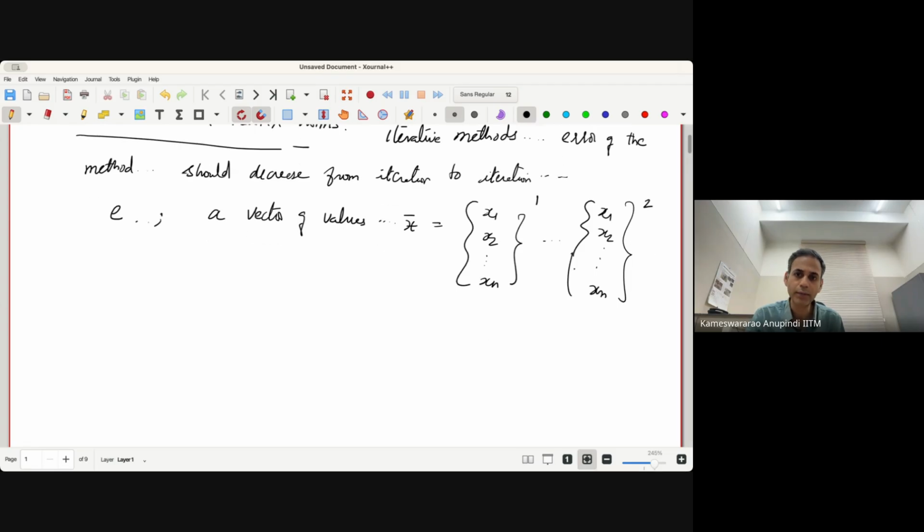Then my error is also going to be a vector, right? It's not just one value; it's going to be E1, E2, all the way to En. How do I use all these values in the vector to come up with a single value that I can say is the value of the error, and compare it with the previous iteration's value to say whether the error has increased or decreased?